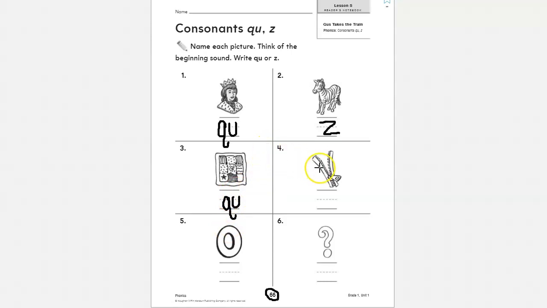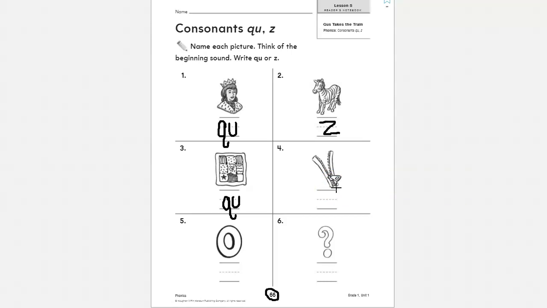Number 4, let's look at this. This is a picture of something a lot of us have on our pants and on our jackets when it's cold outside. This is a picture of a zipper. A zipper.